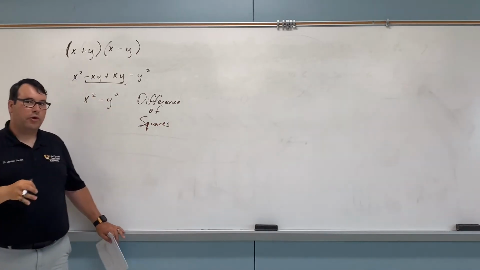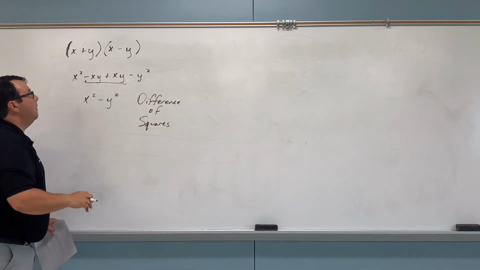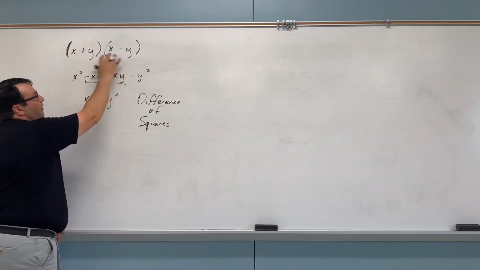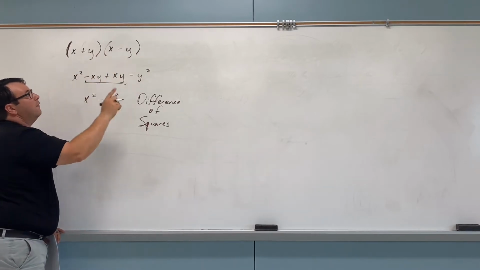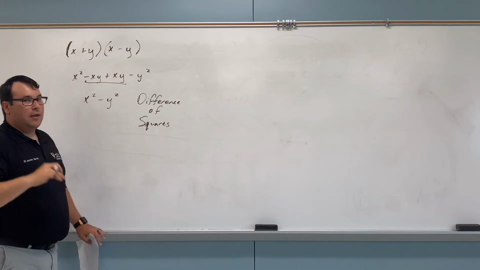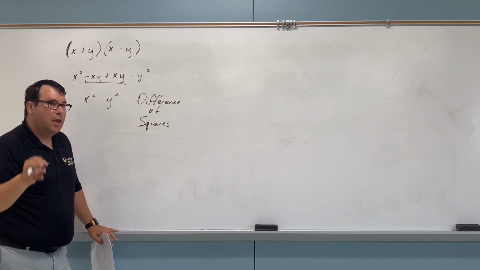Now, the difference of squares is extremely important. And the first time you learn it, you really want to understand the definition holistically, meaning if you can identify two binomials that are exactly the same with one difference, one is adding, the other is subtracting, you will be looking at a difference of squares situation.